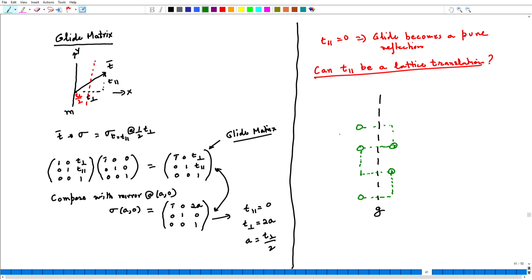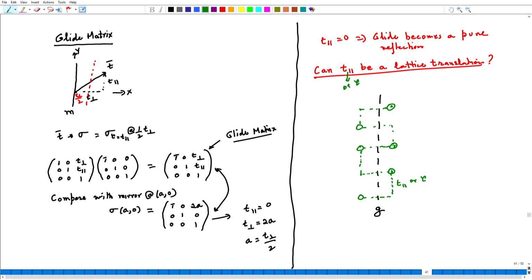And so on. I can keep creating this pattern till infinity. And this is basically my t parallel or tau. So, here also this is t parallel or tau.